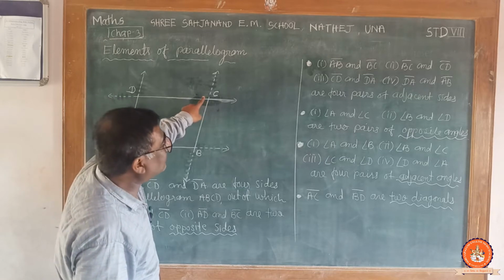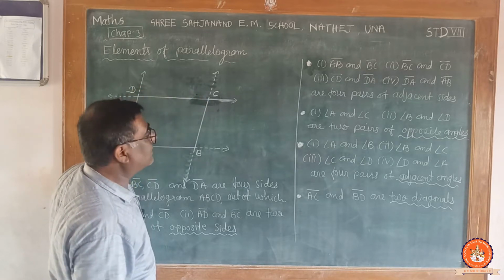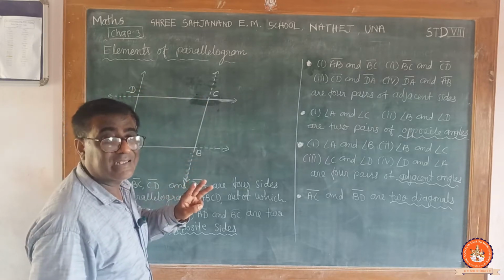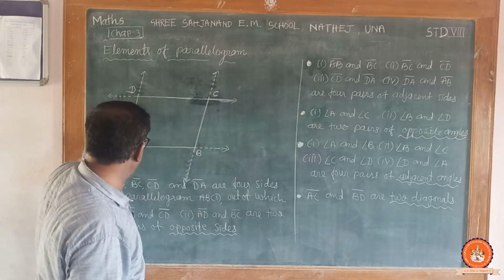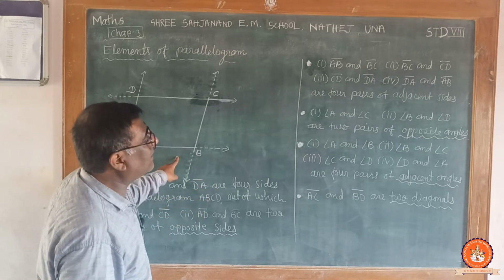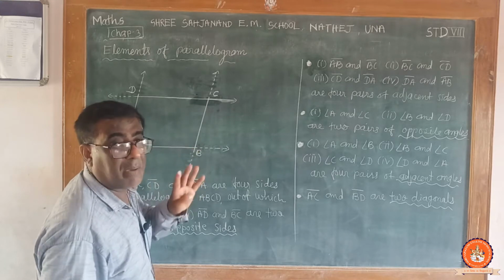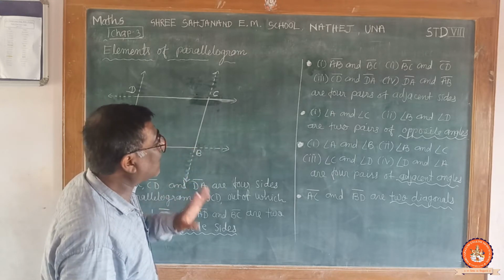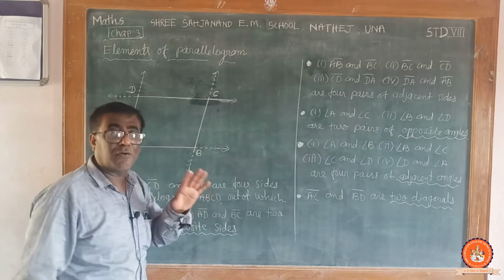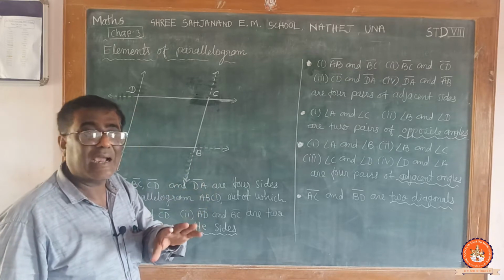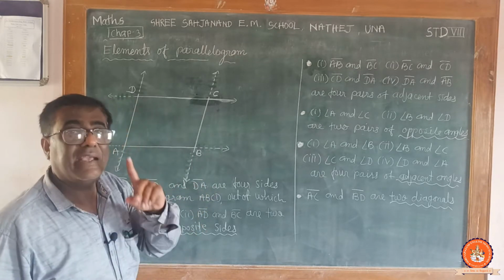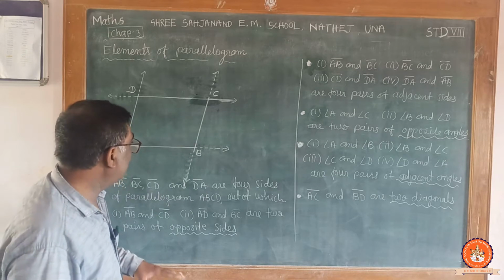Then line segment CD and line segment DA is the third pair of adjacent sides. And line segment DA and line segment AB is the fourth pair of adjacent sides. So there are four pairs of adjacent sides in a parallelogram and in any type of quadrilateral.